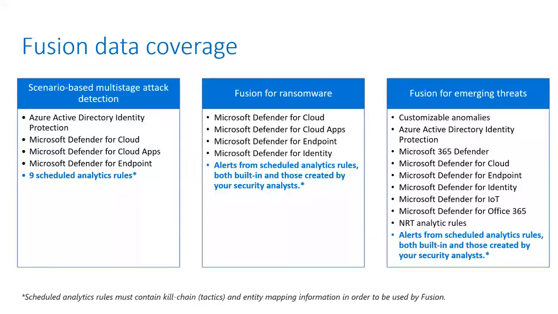Currently, we have thousands of attack patterns detected by Fusion for ransomware and Fusion for emergent threats, and there are more to come. If you look at the data sources supported by Fusion for ransomware and Fusion for emergent threats, both detection categories cover scheduled rules, both built in and those created by your security analyst.